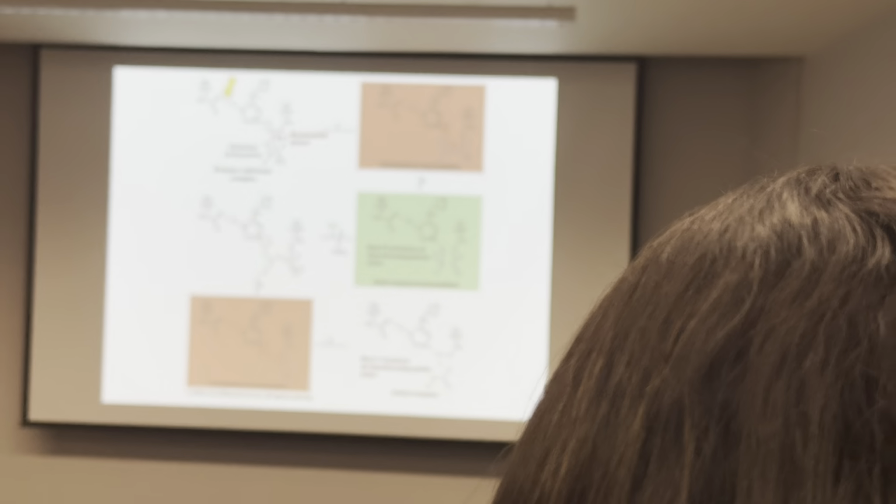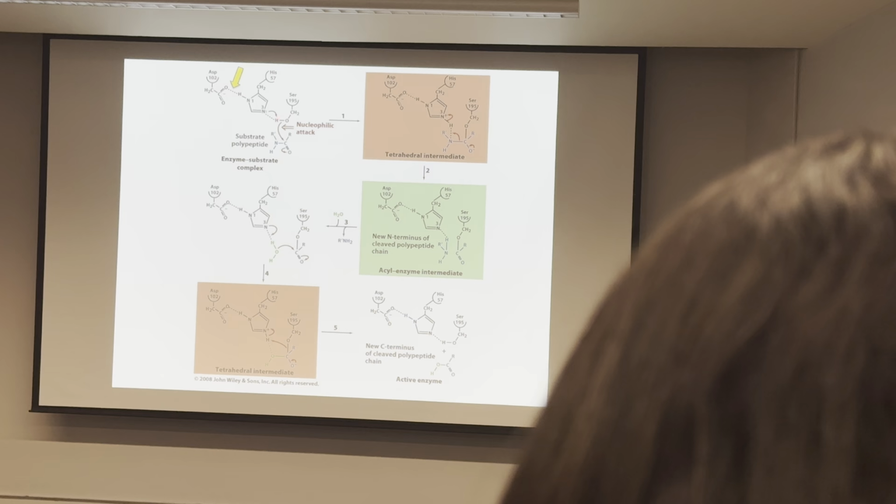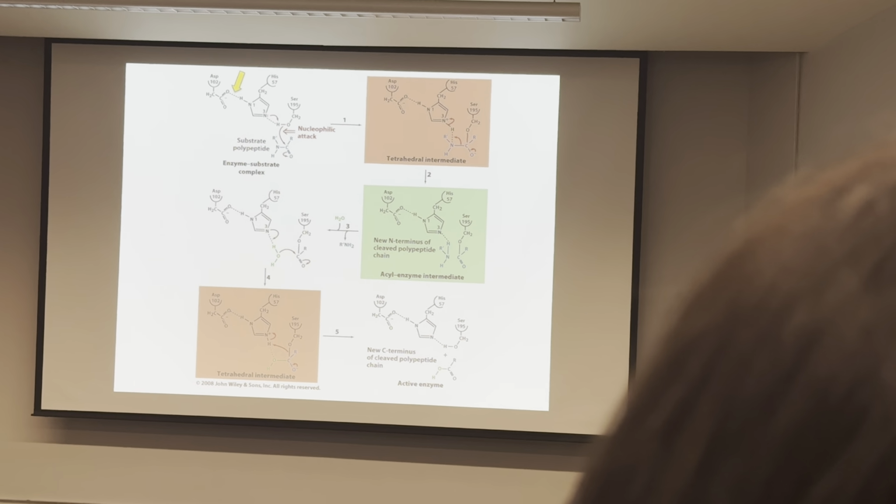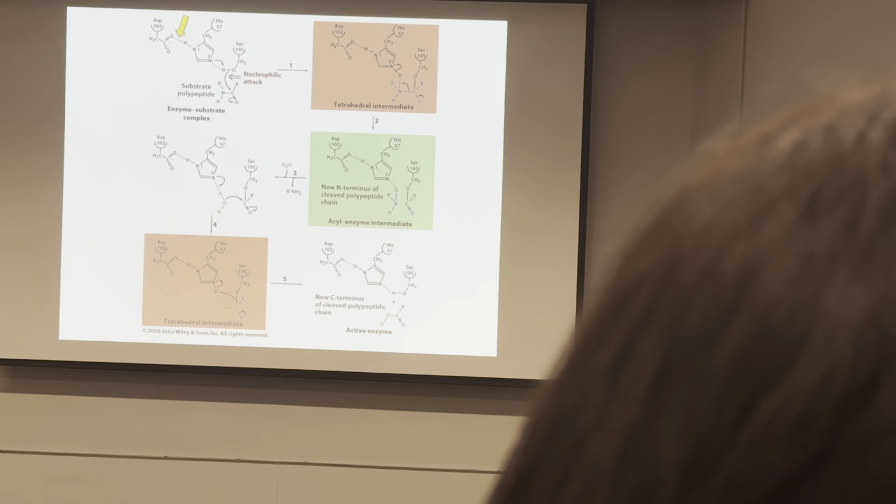And when this nitrogen becomes more basic, it has a better chance, more power to attract this proton from serine 195. That is basically the beginning of everything, and that is how the catalytic triad is working.